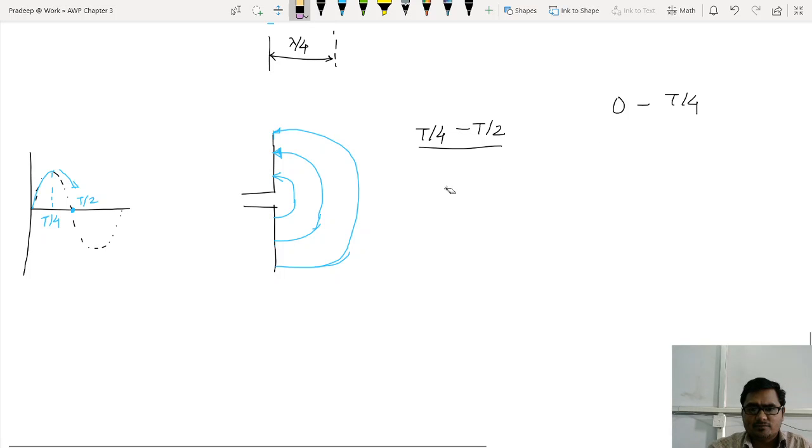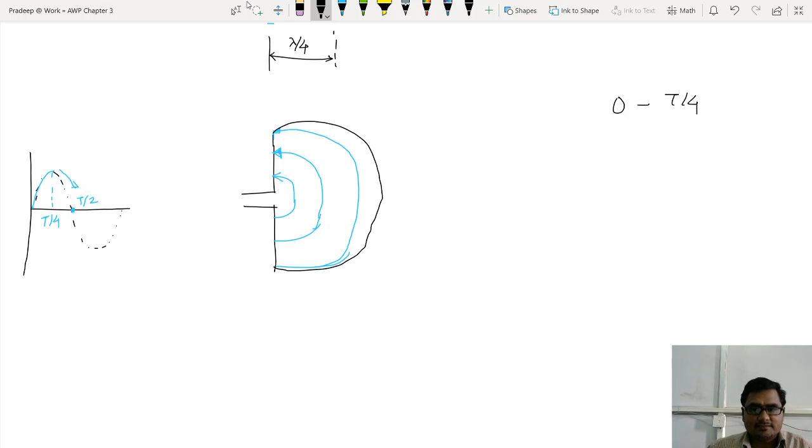I need some space, so that's why I'll rub that. Yes, I don't want this. Even I can't rub that. Yes, so let me draw these transmission lines. Look at this one.